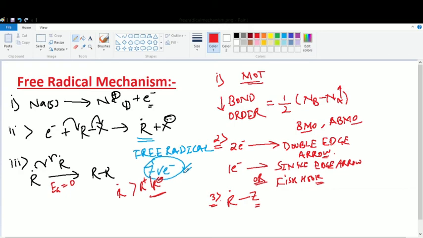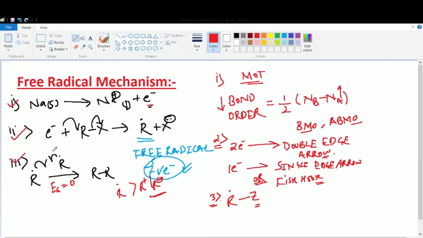Let me brief you again on the free radical mechanism. In the first step, sodium is a metal and will give an electron. In the second step, this one electron attacks the anti-bond of RX and generates a free radical having 7 valence electrons.